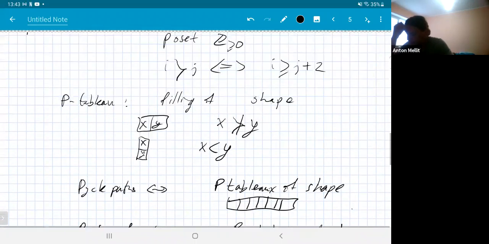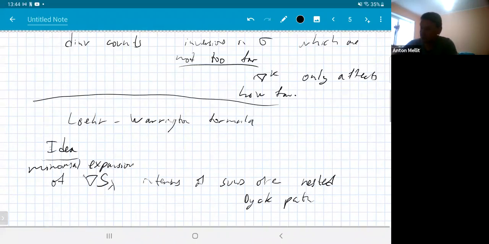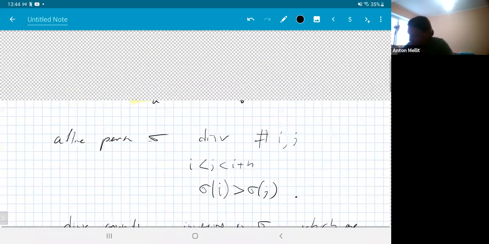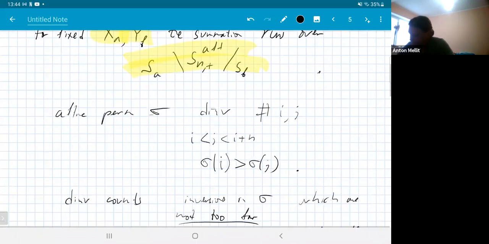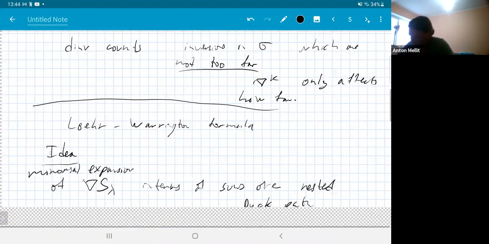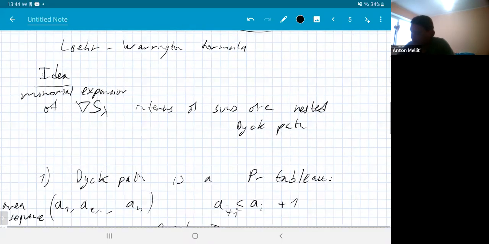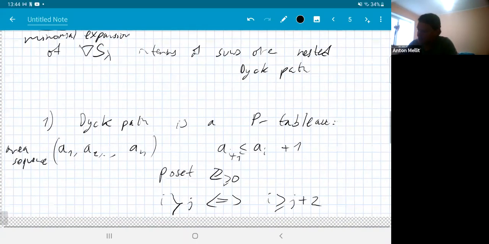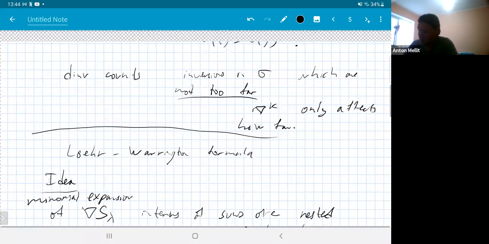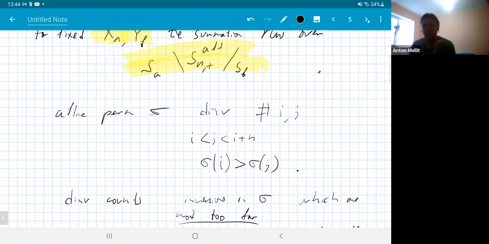This is not even in progress, but I suspect that you just trivially modify this definition of dinv, and you should get it. So you see, for instance, on the affine permutation side, dinv is the number of inversions ij which are not too far.